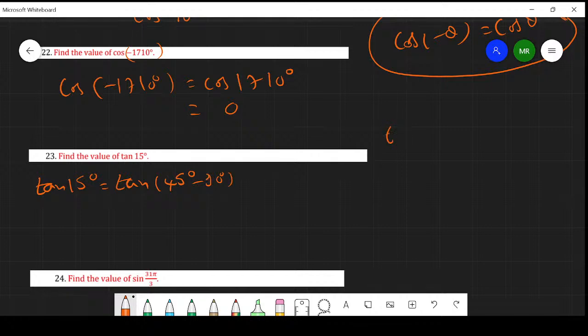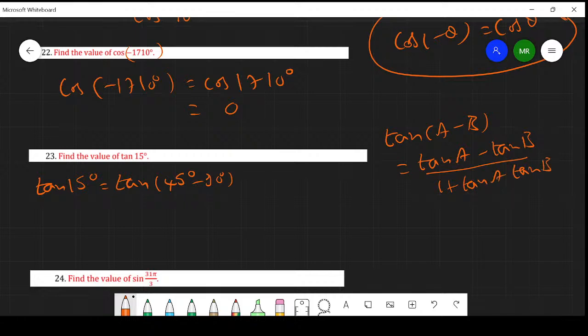What is tan of a minus b? Tan of a minus b is tan a minus tan b by 1 plus tan a tan b. This is the formula we have.